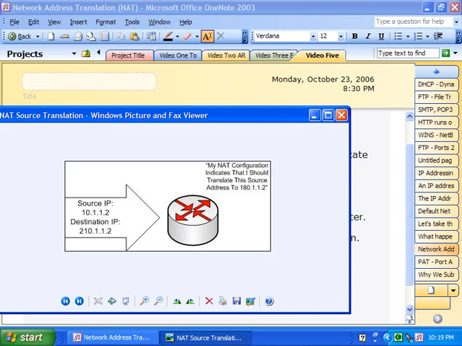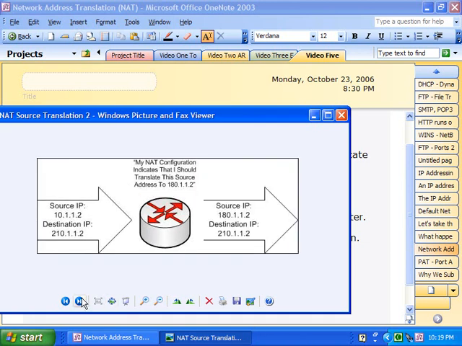If we configure NAT to translate that address and to allow that host internet access, we also have to name what address it should be translated to. Now, we can define an address or a pool of addresses similar to DHCP, but the router then looks at its configuration, says, okay, I should perform NAT on this, and I should translate the source address to 180.1.1.2.